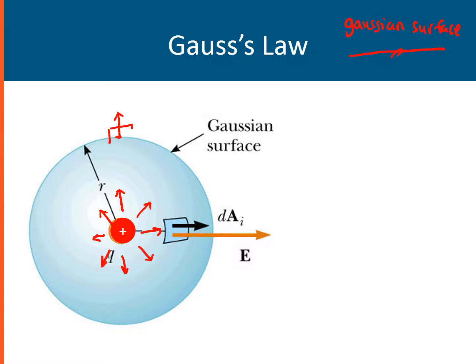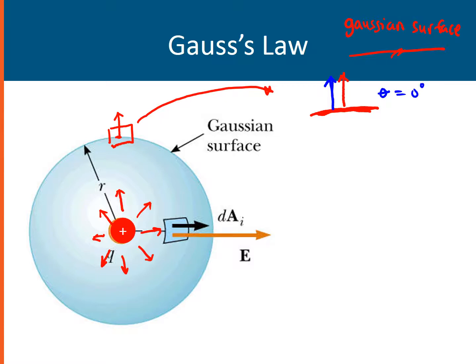If I enlarge this part here, it is going to look like this. This is the surface of the sphere, and this is the electric field. So therefore, the area vector at that particular surface is also directed that way, so the angle between them is equal to 0 degrees.